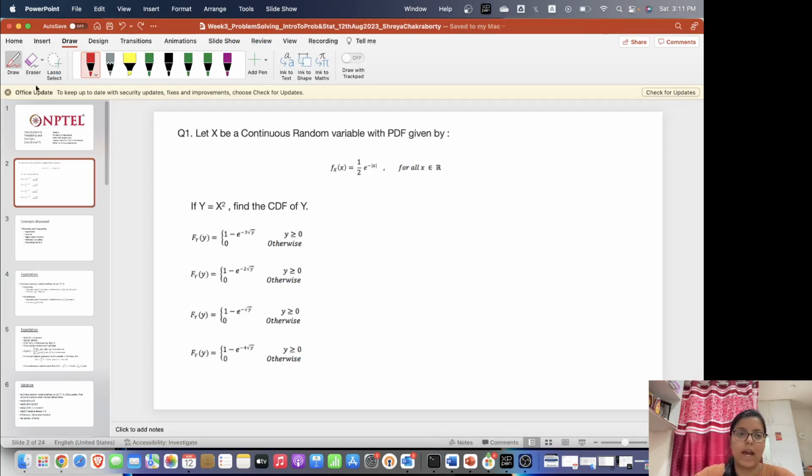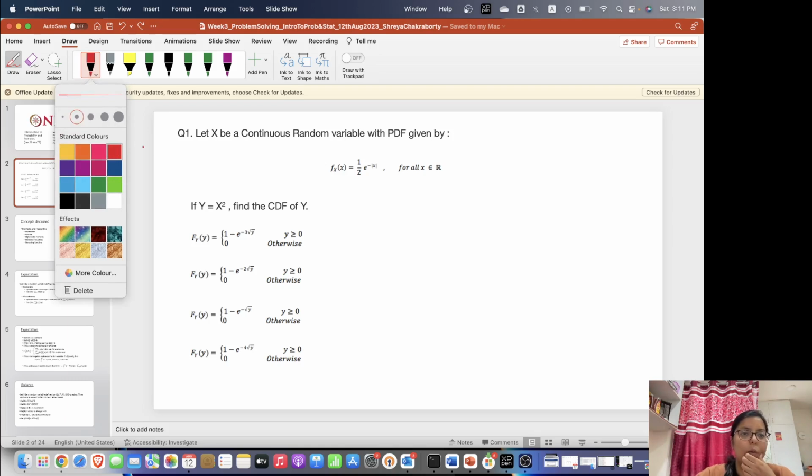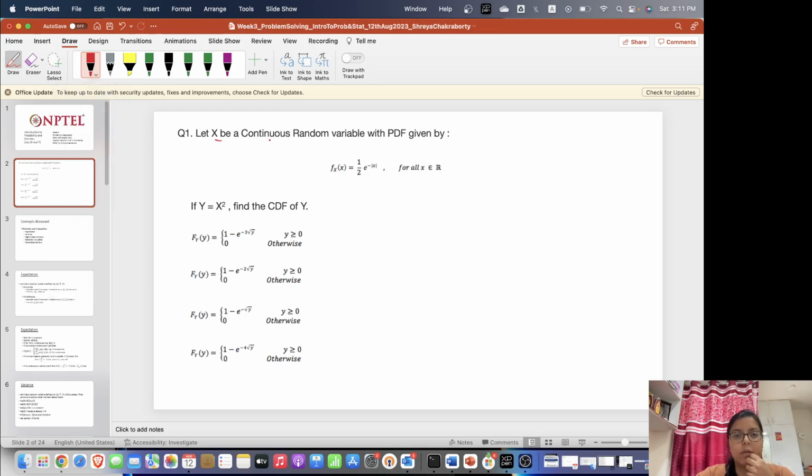So, we had this problem where x was a continuous random variable given by this PDF, and we had to find the cumulative density function of y. So for this we can write the CDF of y as probability capital Y less than or equal to small y.